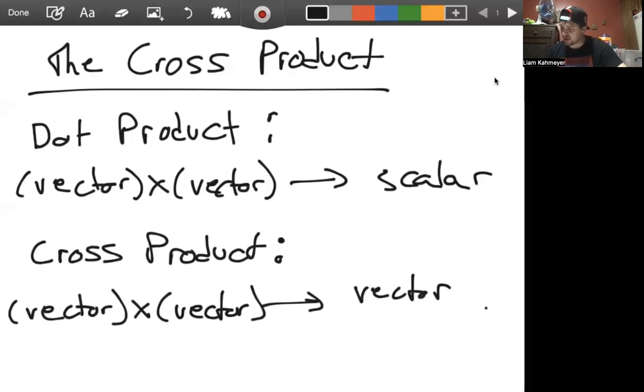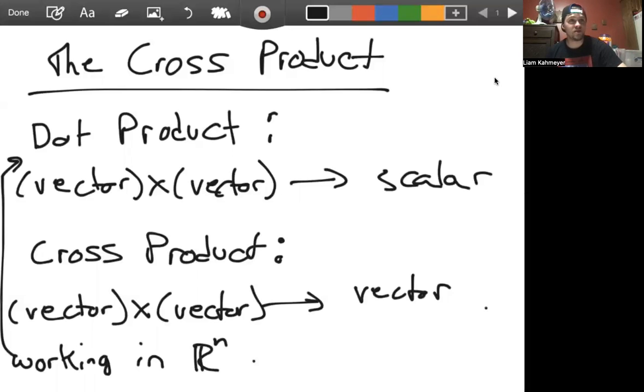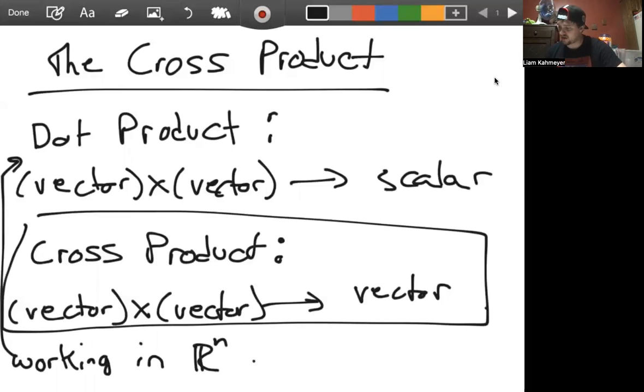And it's worth noting that we've been working in an arbitrary finite dimensional space, right? In general, we've been working in Rn. We define the dot product in general in Rn, but for the cross product, we're looking specifically when n equals 3.